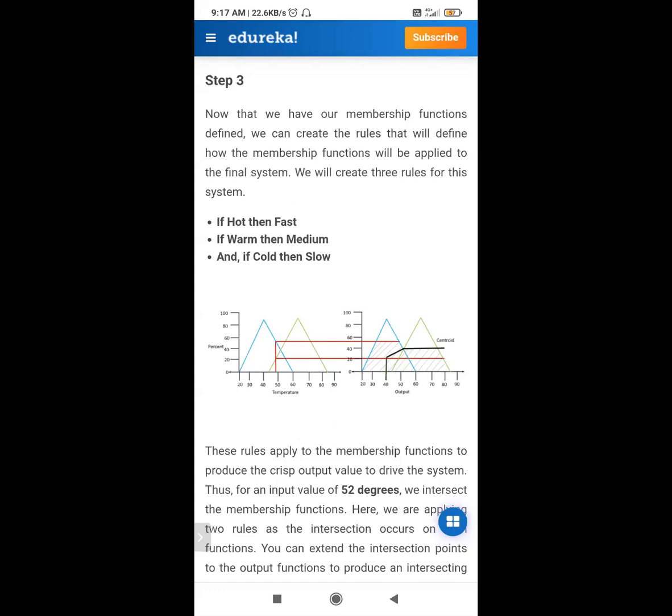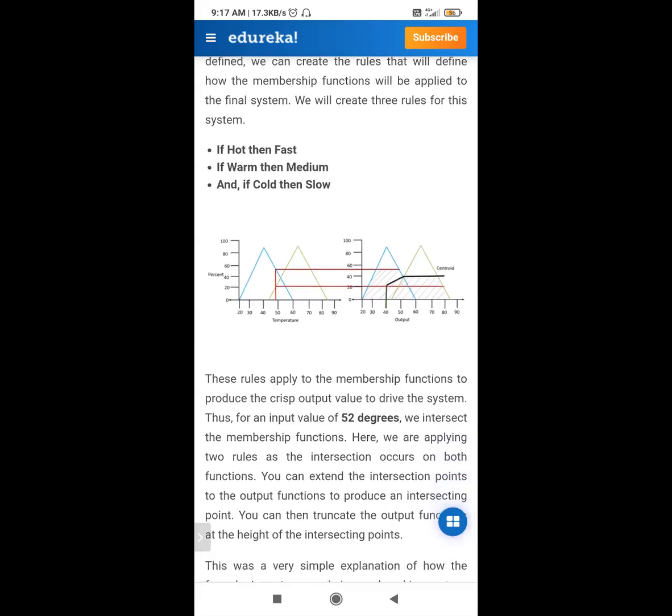So this is nothing but, based on the temperature present over there, the fan should move. So the fan moves fast if it is hot, the fan moves at medium speed when it is warm, and the fan moves at slow speed when it is cold. Okay. So see this one.